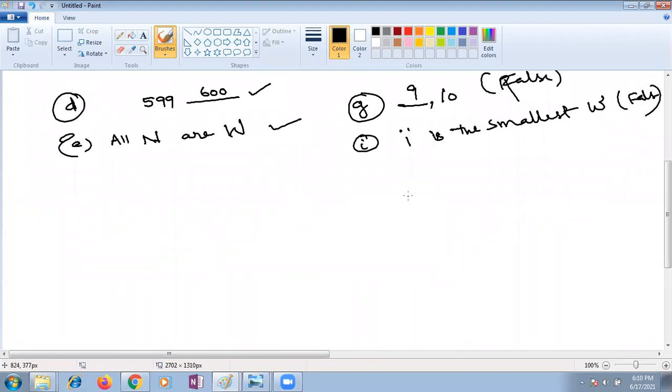1 has no predecessor. Read the question carefully: the natural number 1 has no predecessor.